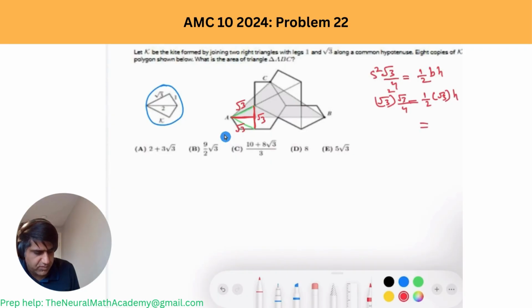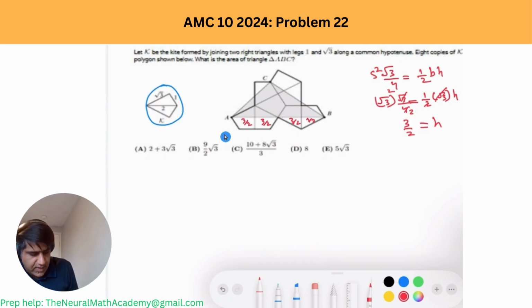Now if I simplify, crossing out 2, the height that I get is 3 over 2. So this height is now representing this dimension. And similarly, since they were the kites that I showed earlier, and this length is the same for all of them, this is all 3 over 2.